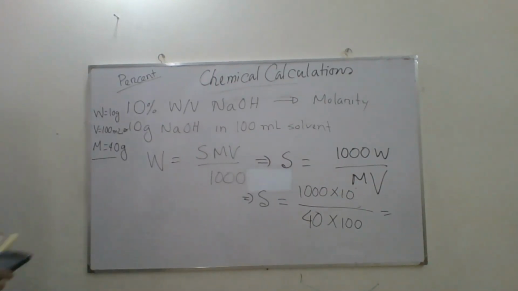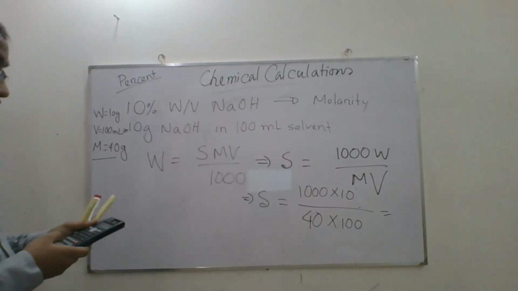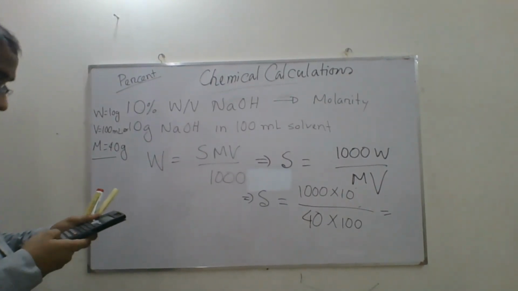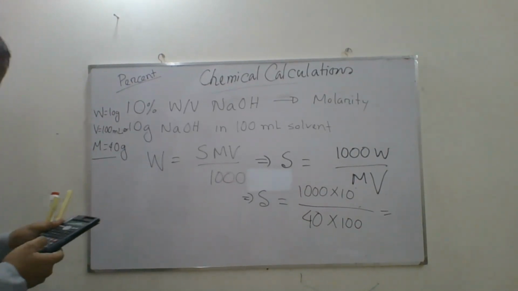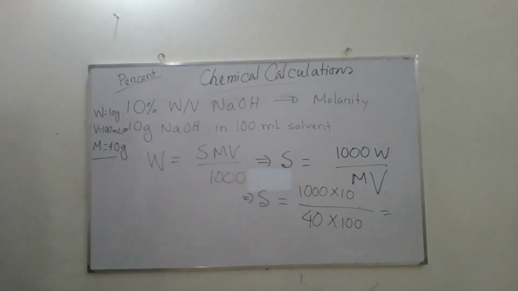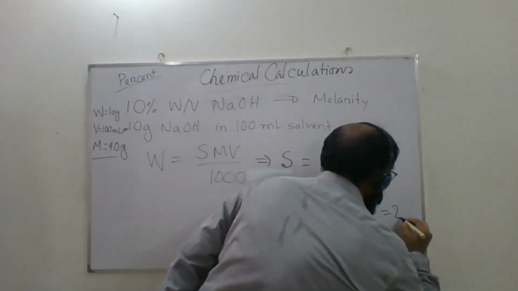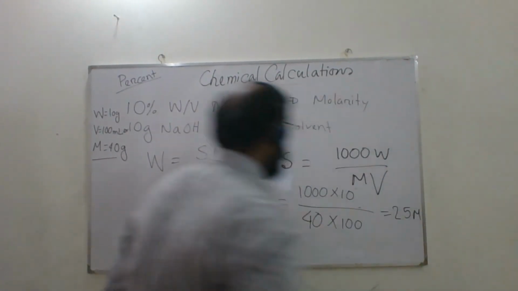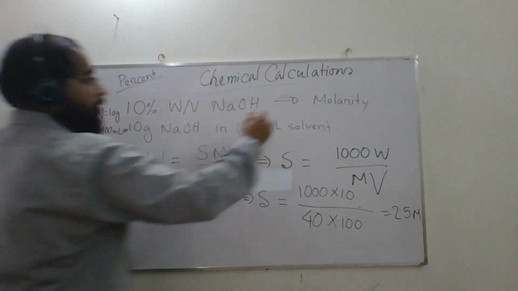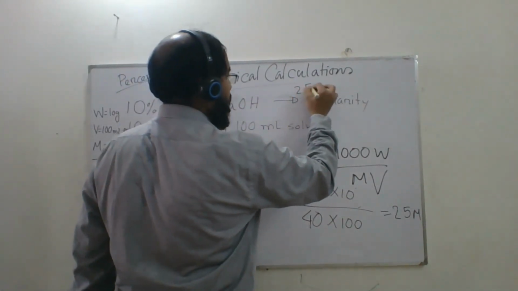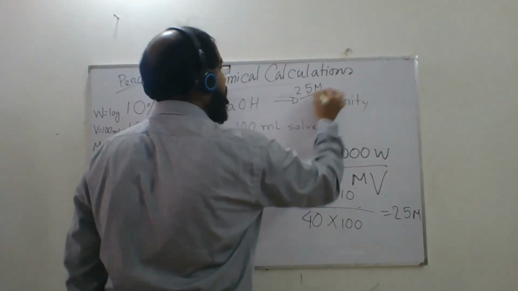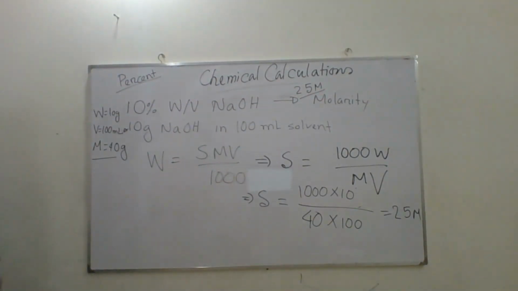Just 1000 into 10 divided by 40 divided by 100. So it is just 2.5 molar, which implies 10% weight by volume sodium hydroxide is equal to 2.5 molar sodium hydroxide solution. So it is easy, okay.